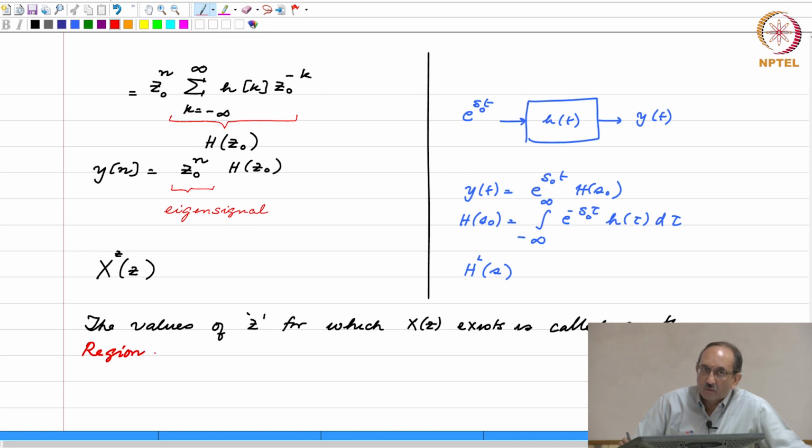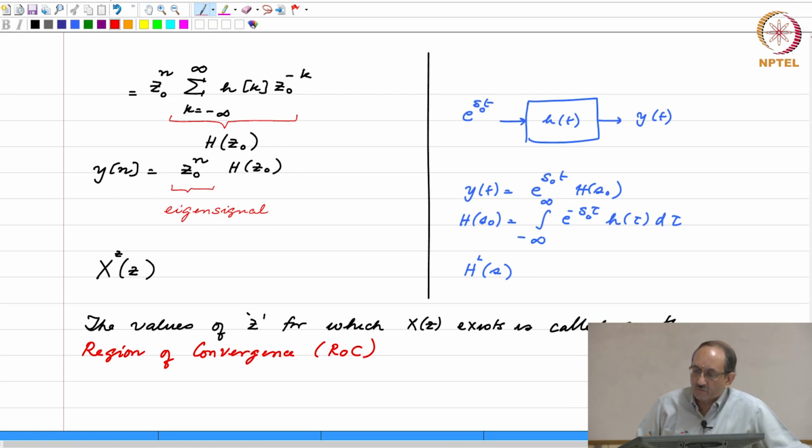In the Laplace transform case, it is called the region of convergence and abbreviated as ROC. In the bilateral Laplace also, you had to worry about region of convergence.